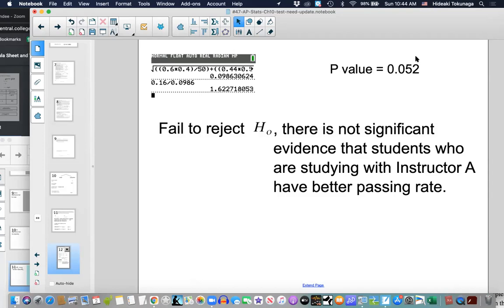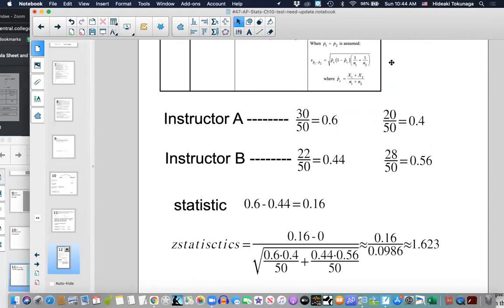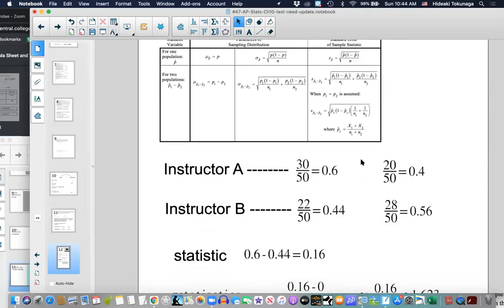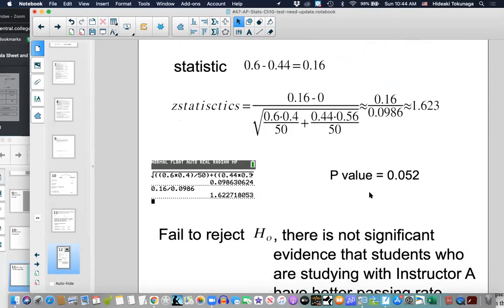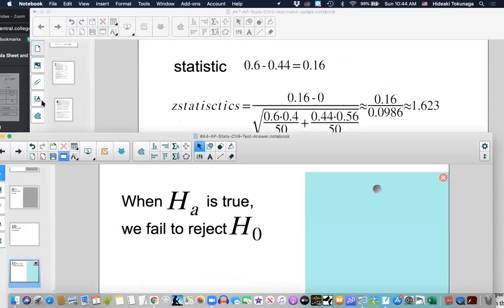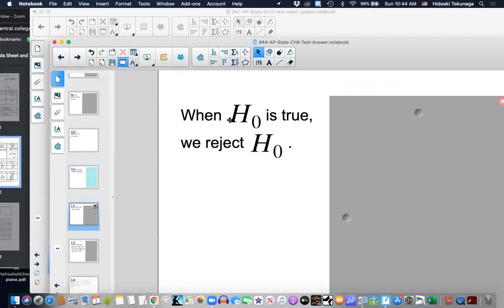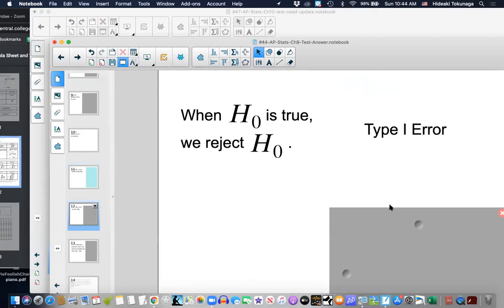But if this number is low and it wasn't really that different, maybe the instructor is usually a better teacher, but this sampling distribution didn't come out right. There's a case like that too, right? That we call a type 1 error: when the null hypothesis is true, we reject the null hypothesis.